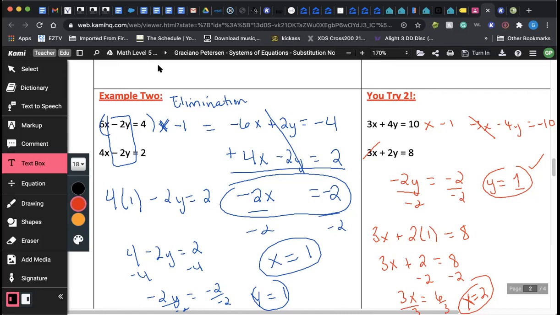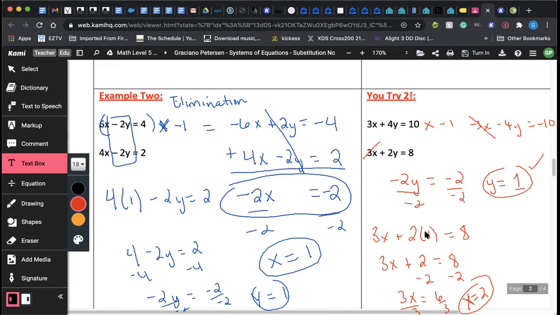Mr. G, can we solve for x? I'm getting stuck. Sure. So when you plugged in the 1, you got 3x plus 2 times 1 is equal to 8, if you use the second equation. Did you use the second equation? Because that's what I did. You always have to plug in the 1.